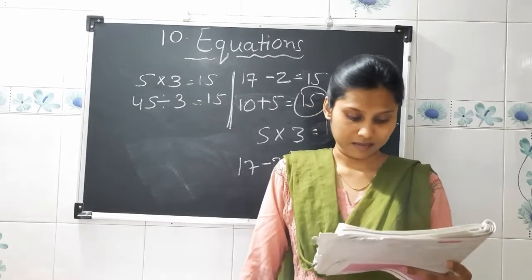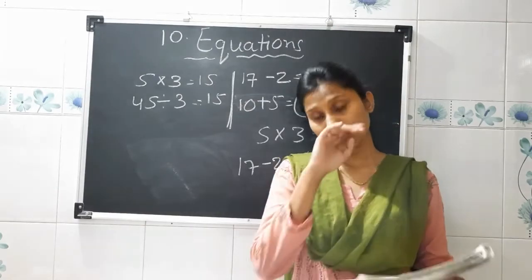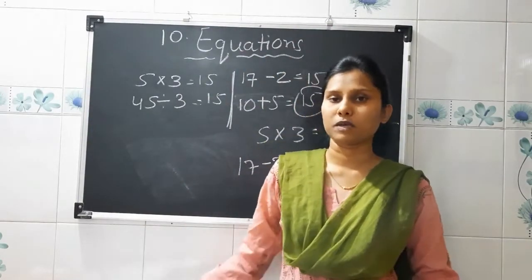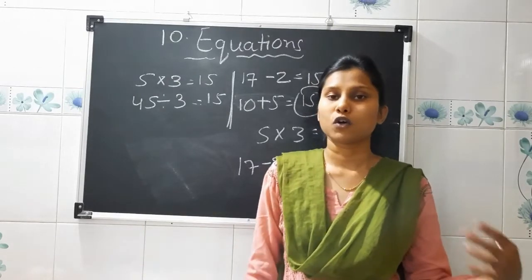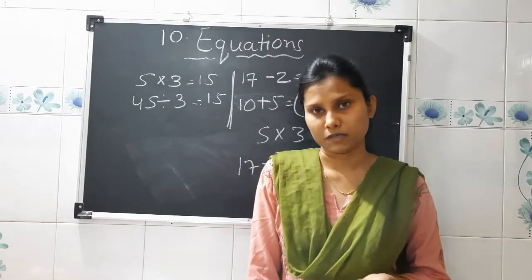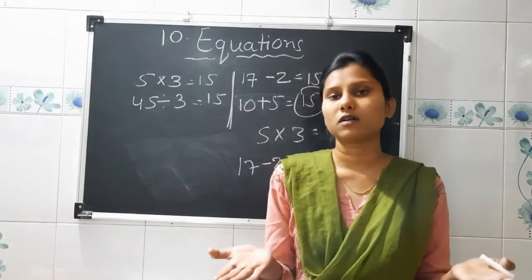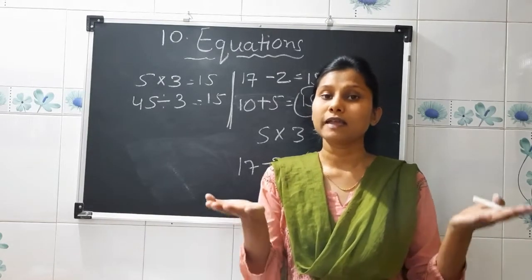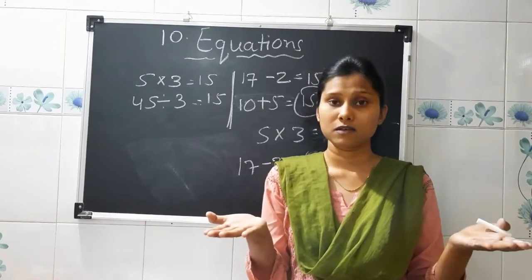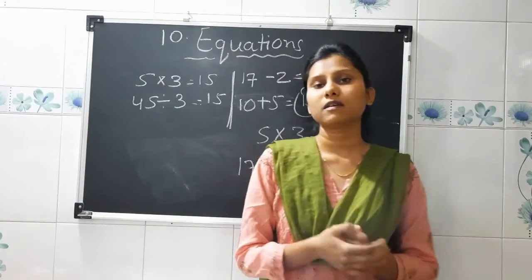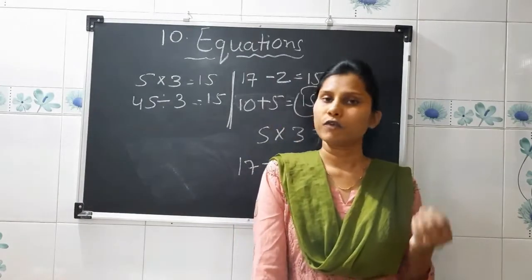Such a balanced scale is like an equation. You might have seen the weighing scale in some grocery shop or in some marketplace. If the weight on both the weighing pans is the same, then the weighing scale is balanced. So an equation is just like a weighing scale.